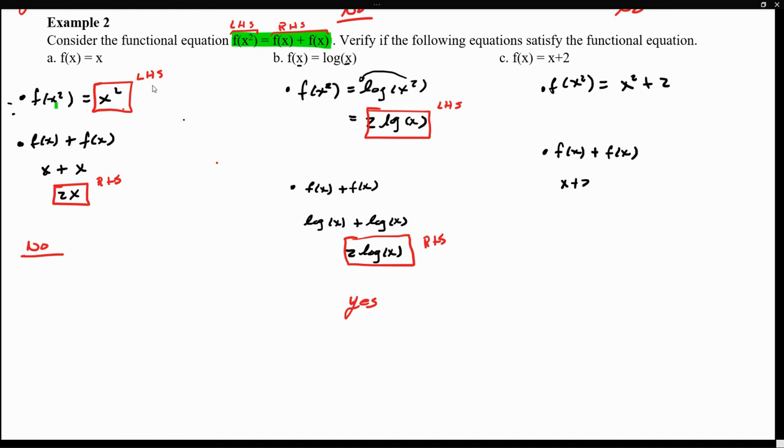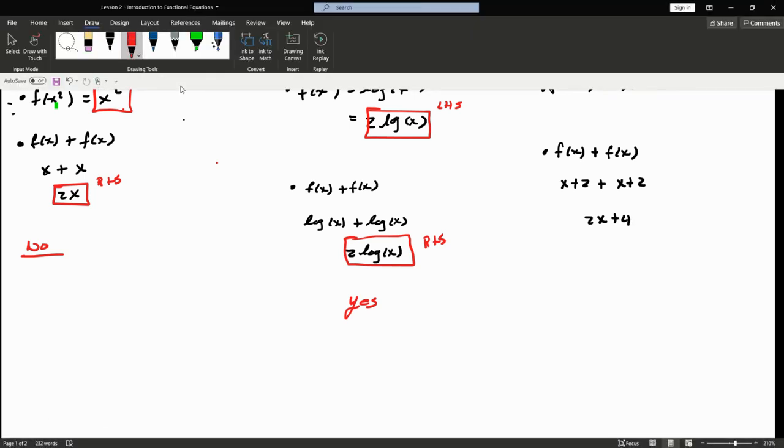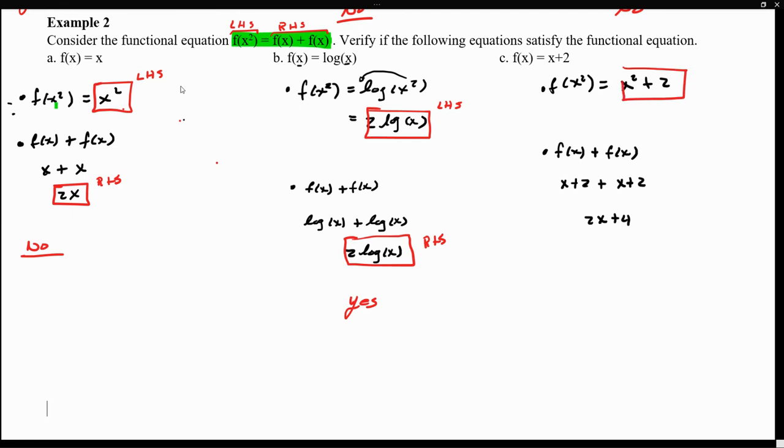So we're going to have x plus 2 plus x plus 2, which is equivalent to just 2x plus 4. And notice that the left-hand side is not equivalent to the right-hand side. So now this function, x plus 2, is not a solution of this functional equation.